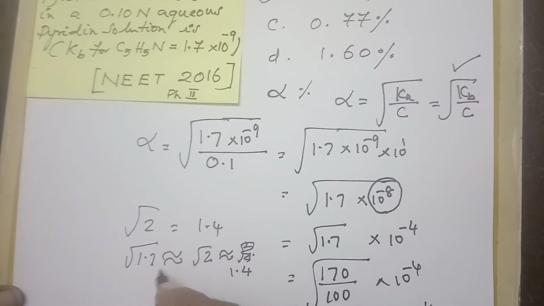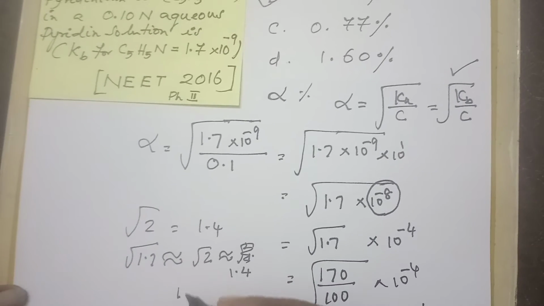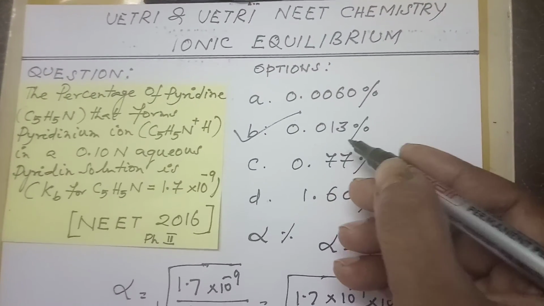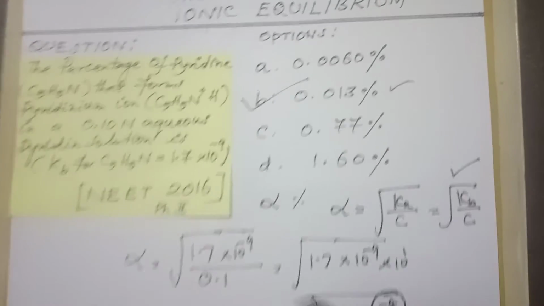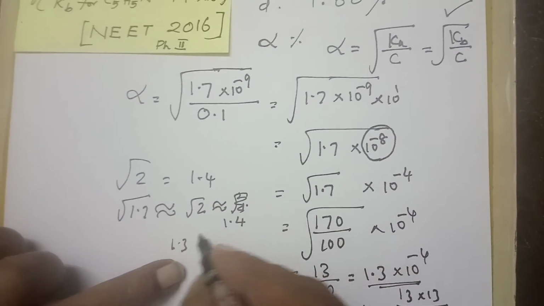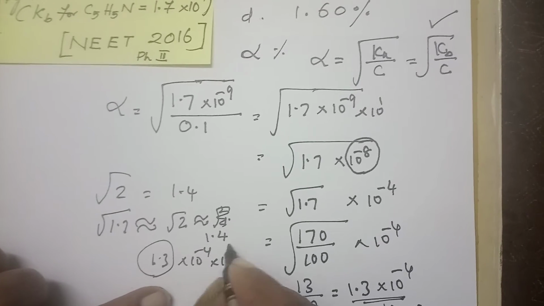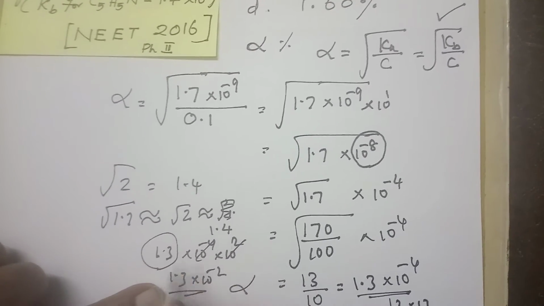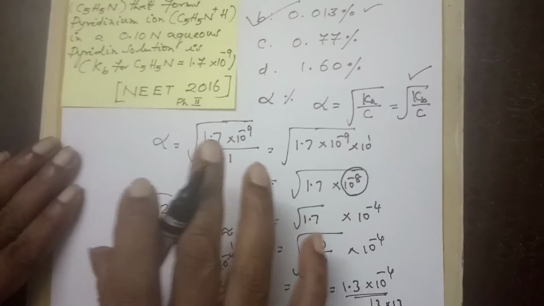Since 1.7 is less than 2, we expect a value less than 1.4, that is 1.3, and going to the options gives some idea. So 1.3 into 10 power minus 4, again into 100, you get 1.3 into 10 power minus 2. This is an even easier, tricky manner to approach the sum. With that the sum is over.